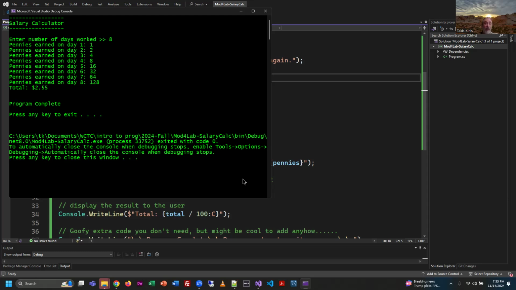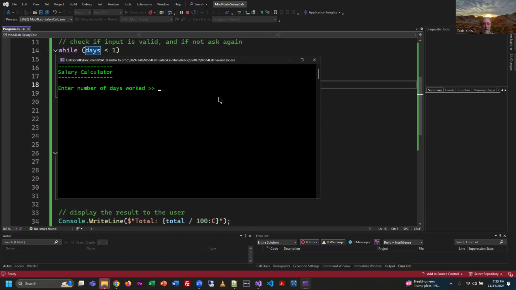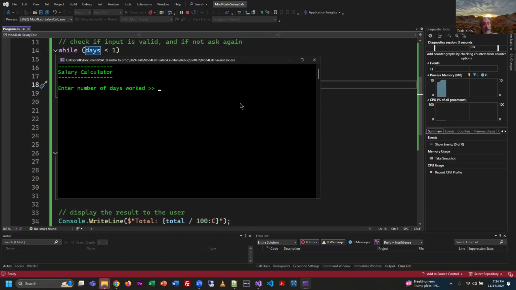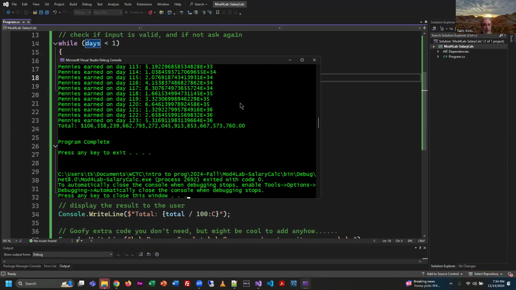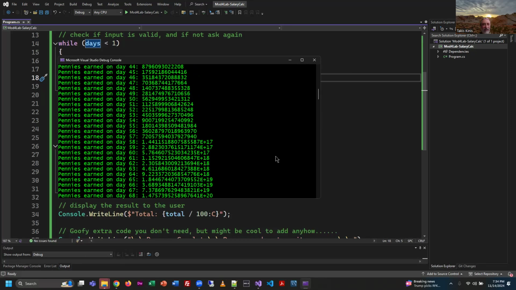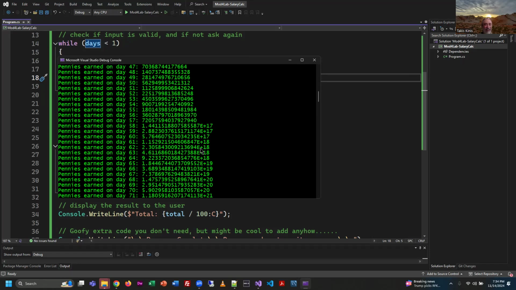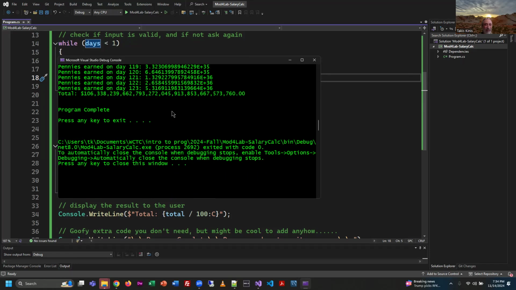All right, let's play with it a little bit. If you guys aren't feeling where I'm going with this, let's enter a significantly larger number. How about 123 days? It doesn't take very long, right? And how much are we earning at the end?